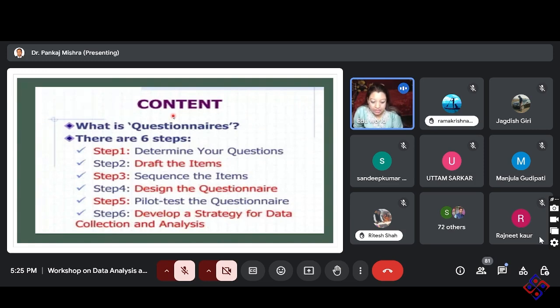Now, in pilot testing, most of the people make a mistake: they apply the pilot testing on the sample which they are showing as a representative of their study. But when we do our pilot testing, we have to apply it on people who are actually not part of our study. Understood? We have to select a certain number of samples who are not part of our study.